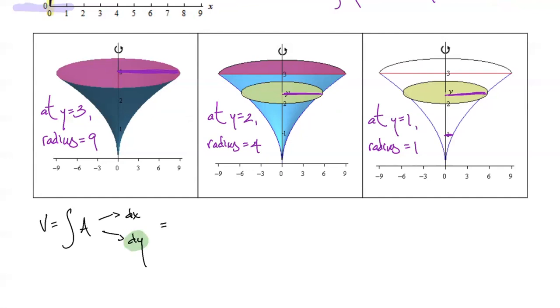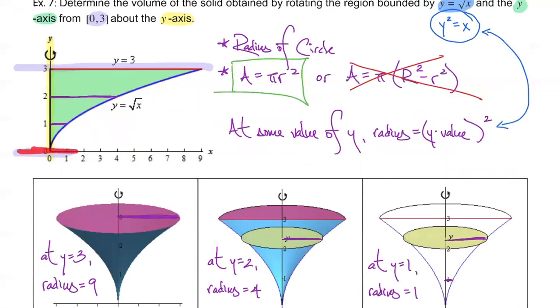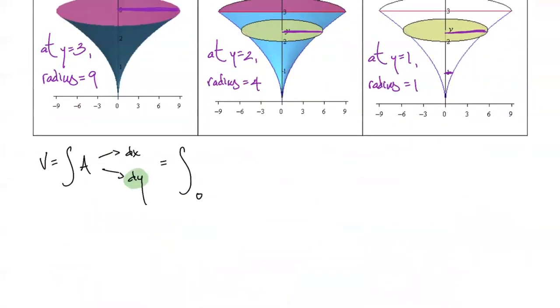Now, if I'm integrating with respect to y, that means that my bounds should be y values, right? And in fact, I'm going to start with the tiny, tiny circle down here. I'm going to keep adding, I'm going to keep adding, I'm going to keep adding, but I'm going to stop when y equals 3. And so those numbers correspond to our bounds.